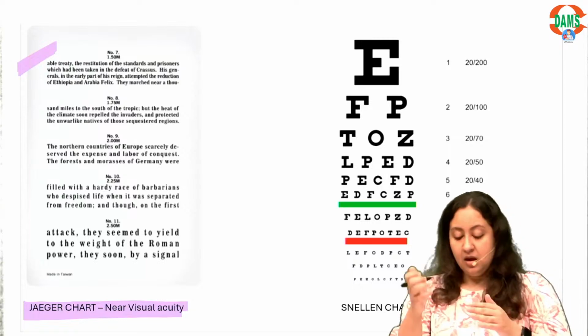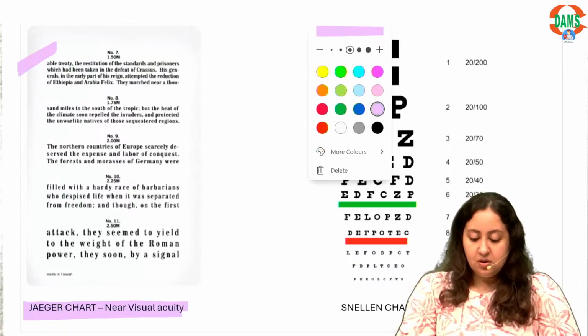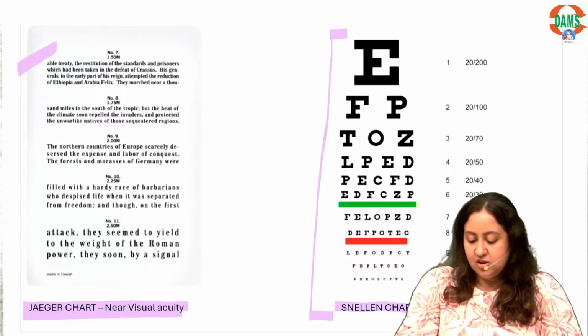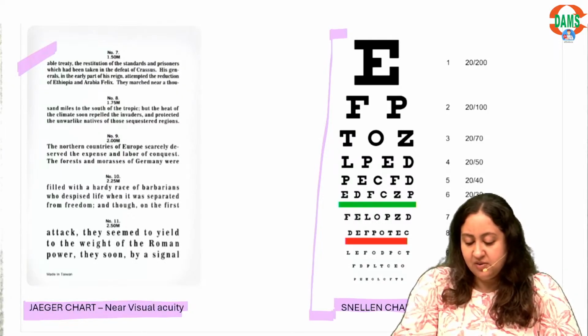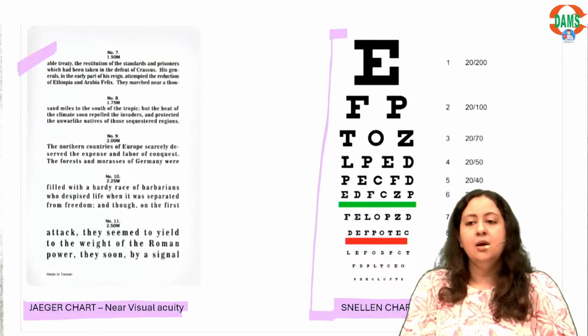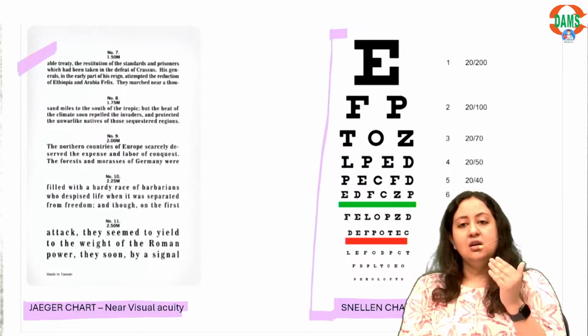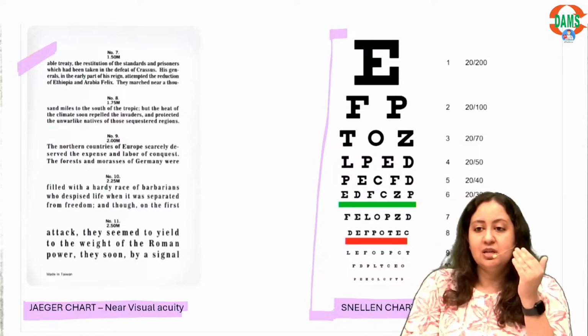Now this one on the other side is your Snellen chart. This we all must have seen very frequently with the eye doctor in eye clinics. This chart tests visual acuity from a distance.